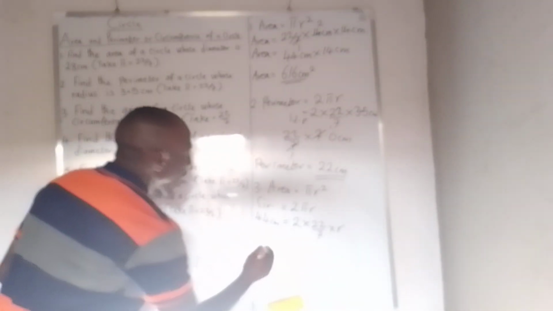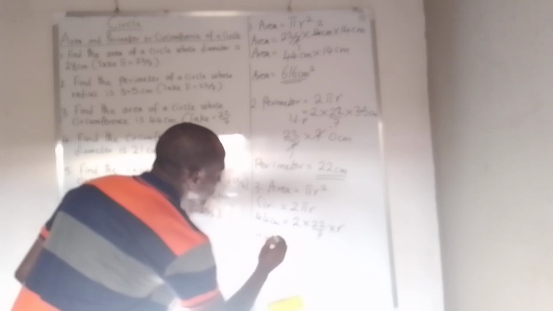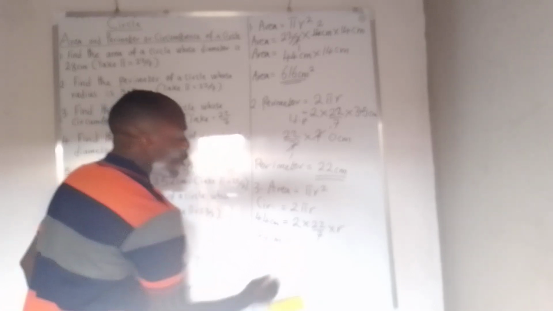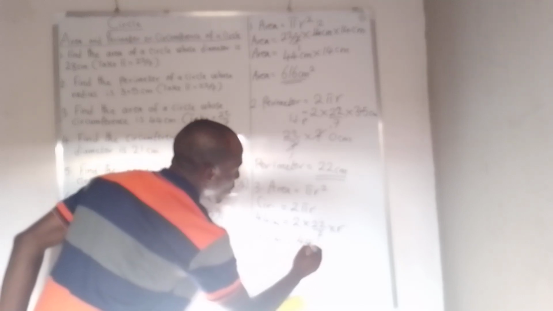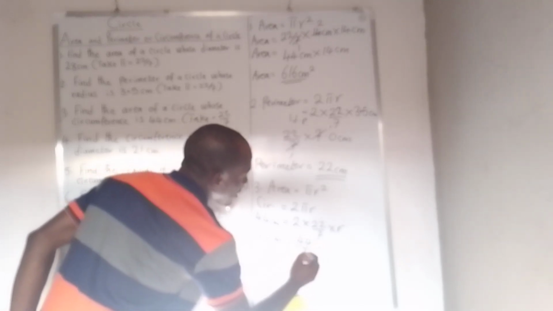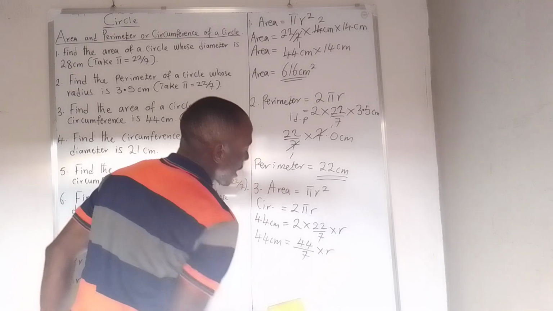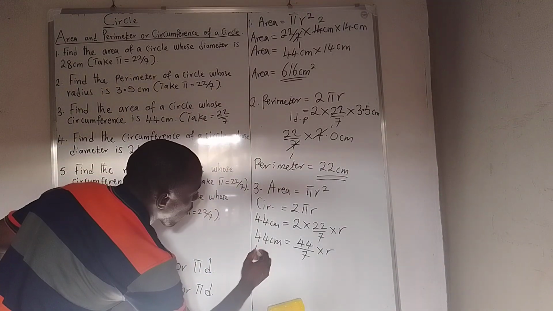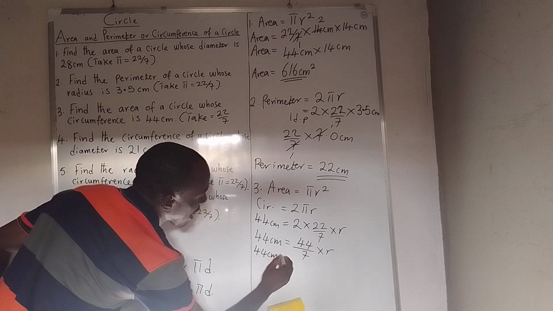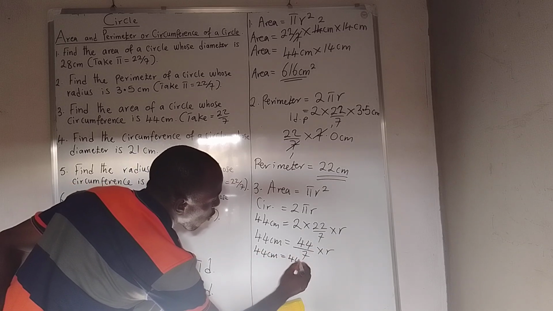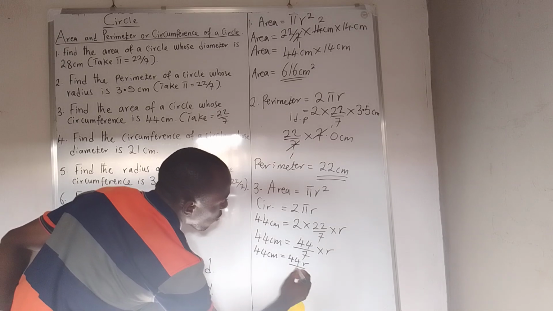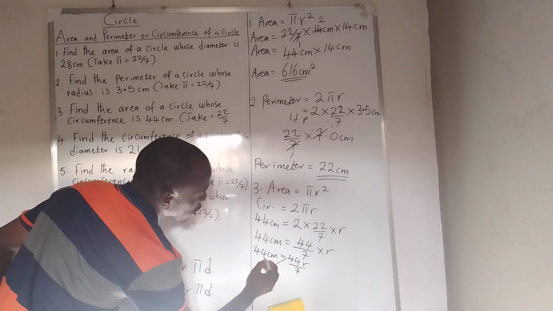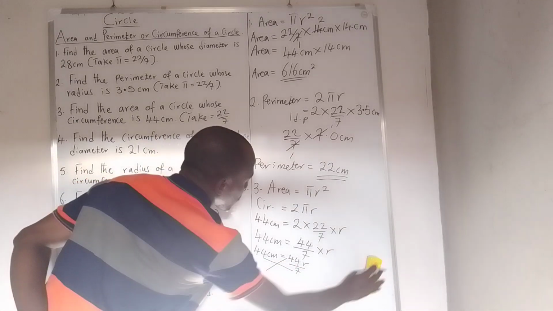So 44 centimeter is equal to 2 multiplied by 22, which gives 44 over 7 multiplied by r. So we have 44 centimeter equals 44r over 7. Now we can cross multiply to get our r.